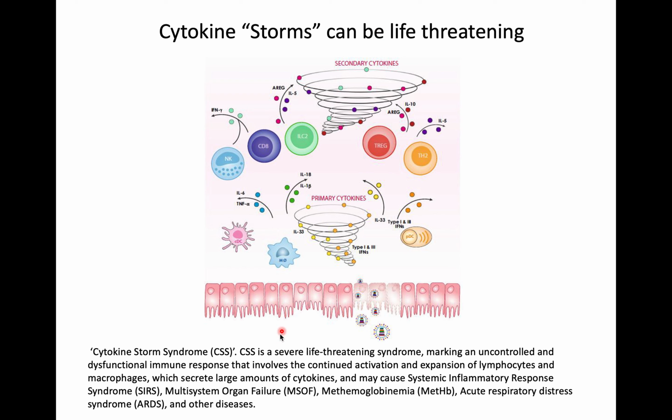So you're getting large amounts of cytokines, and this can lead to systemic inflammatory response syndrome, among a few others, acute respiratory distress syndrome. You essentially end up in a situation where your immune system is now attacking your body and not just infected cells, and so that can lead to organ failure and death. So pretty serious.